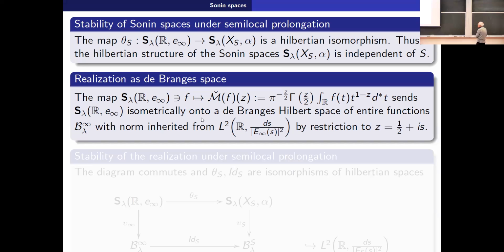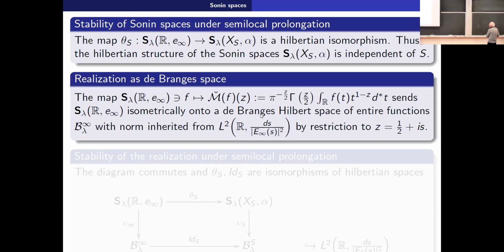And the norm of this Hilbert space, the L2 norm, is given by this E infinity function. I defined E for any place. So E infinity would be the gamma function of something on the line 1/4 plus iS/2. Okay?